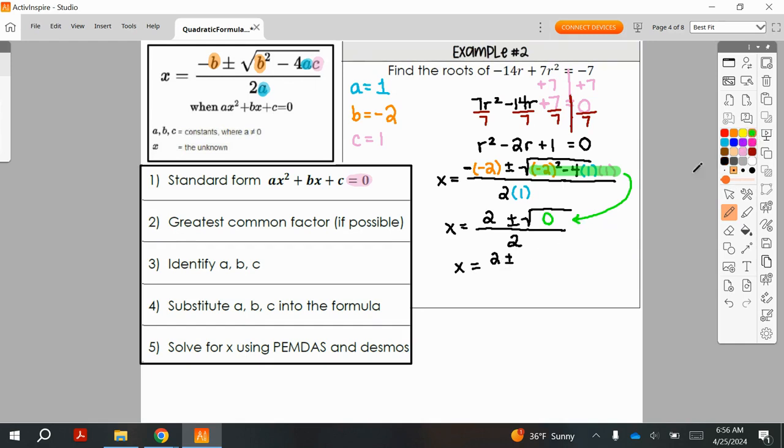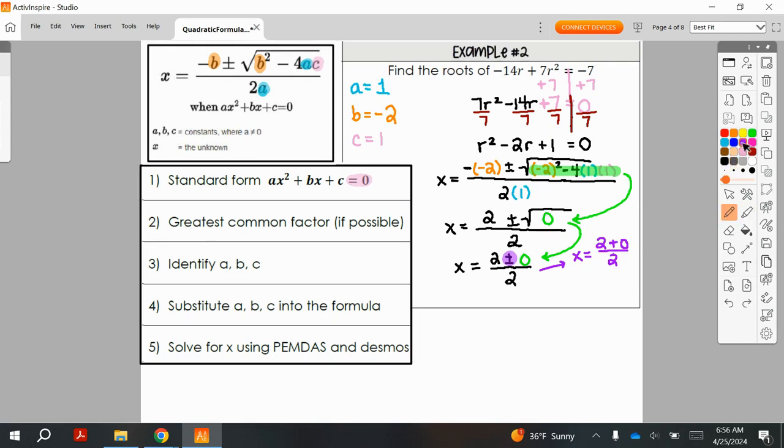And then I'm able to actually break this up into my 2 possible answer options. Remember, the first option is x will be equal to 2 plus 0 over 2, because that's the plus of this plus minus sign.